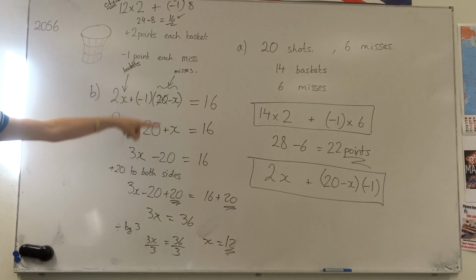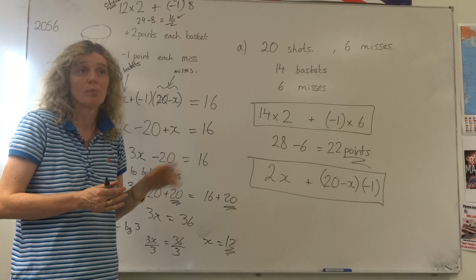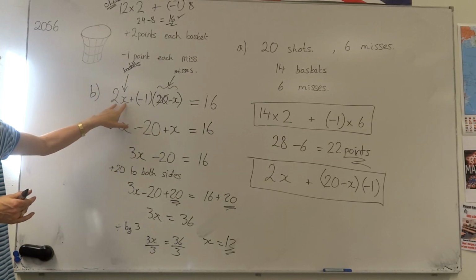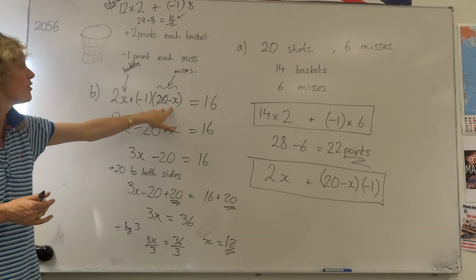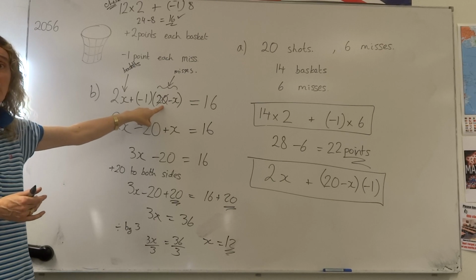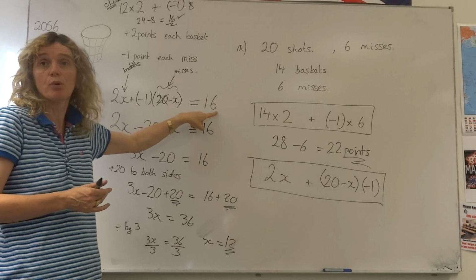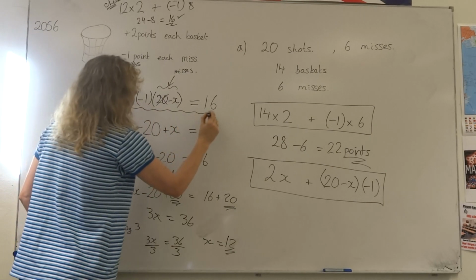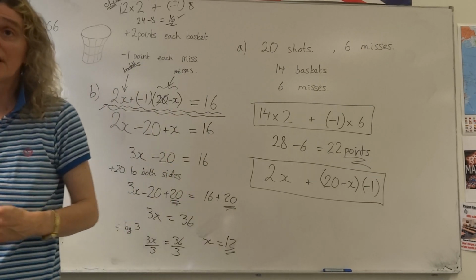And this is the tricky bit, but it's actually very related to what you got there in A. Building this equation: 2 times the number of baskets she gets, plus minus 1 times the number of misses she got. The number of misses is the number of shots she made minus the number of baskets she got, equaling the number of points she got. So this equation here is the most important one to be able to set up using your math skills and practice.